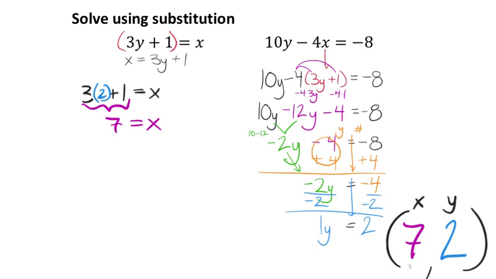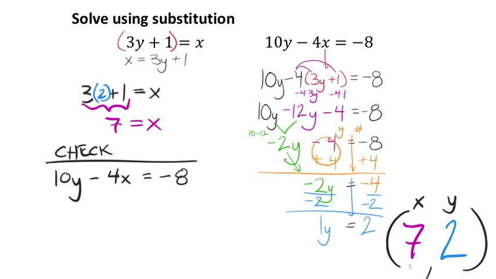But the last thing I need to do is check, so I will. I'm going to check this second equation. 10y minus 4x equals negative 8. And we found the y value to be 2, so we'll take the y, replace it with 2. And we found the x value to be 7.